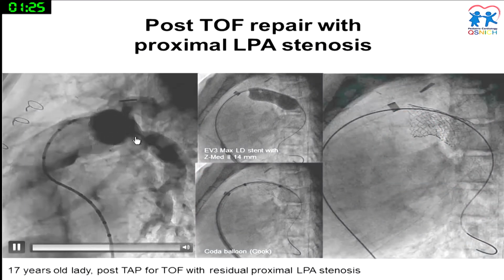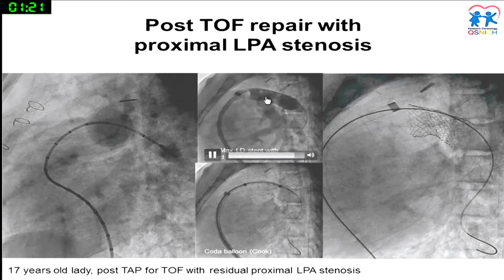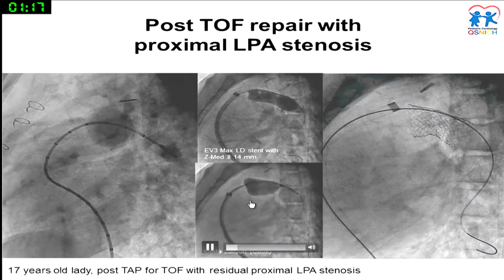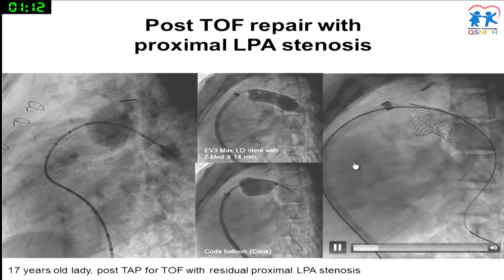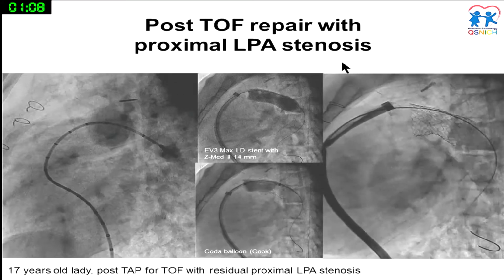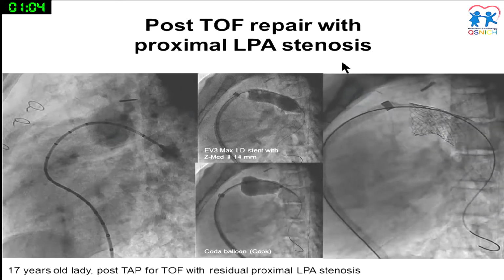So in this case, we brought the patient in to abolish the gradient here and put the stent in. We dilated the proximal part to flare it properly, with a Kodak balloon, and this is the final result. And in the future, if we can do percutaneous valve implantation in this patient, that would be a good non-surgical option.